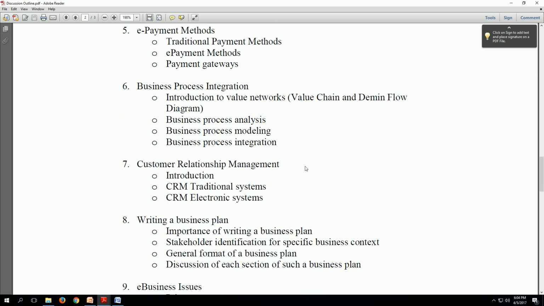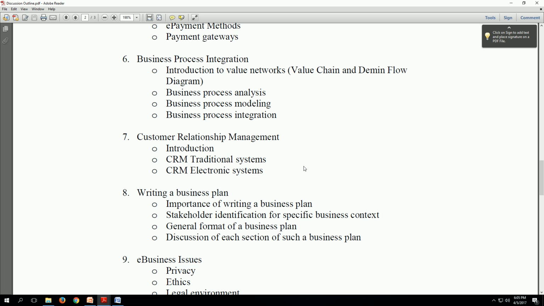Then business process integration. There we do business process analysis, modeling and integration, so that the new conversions that you introduce into the businesses would start generating the value that they are expected to generate.